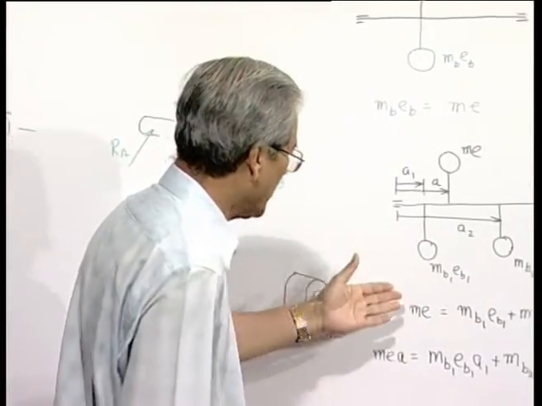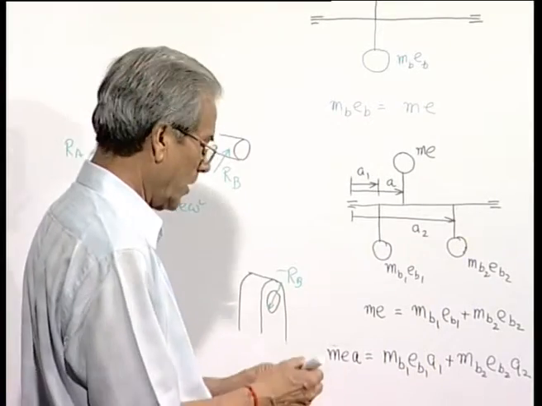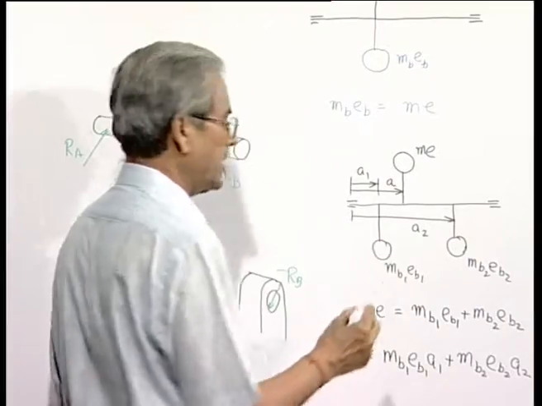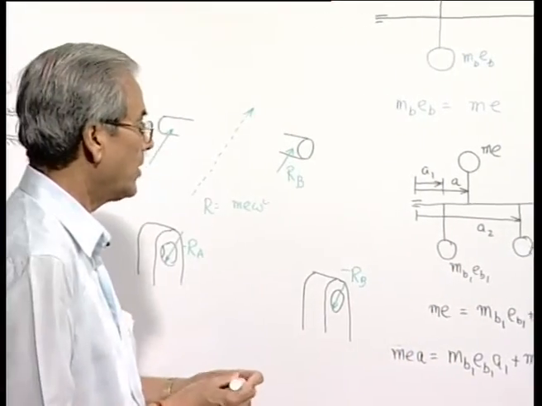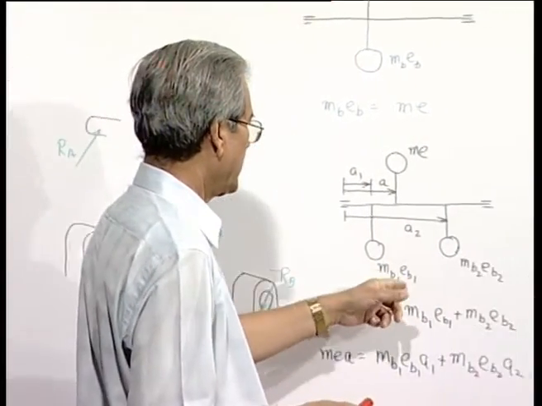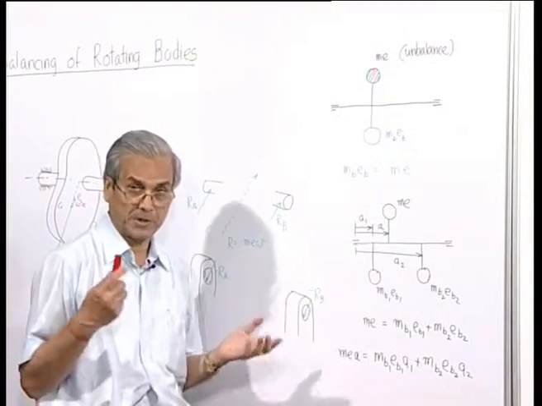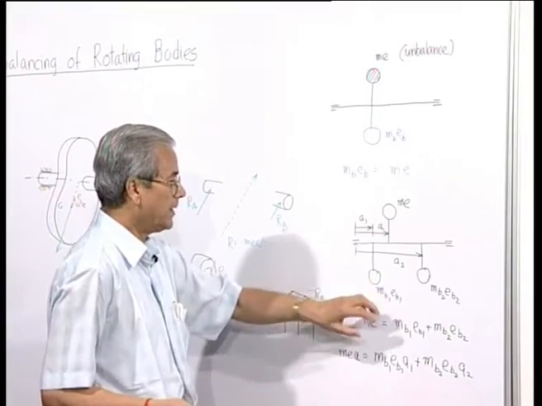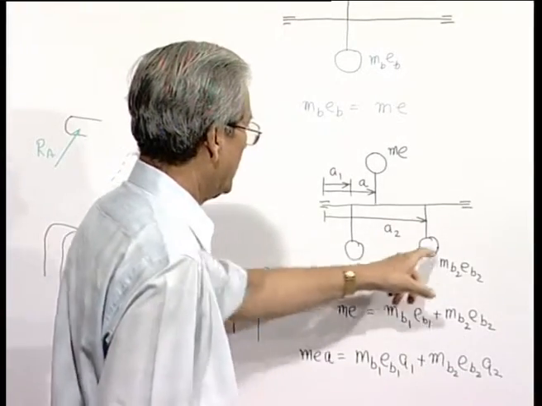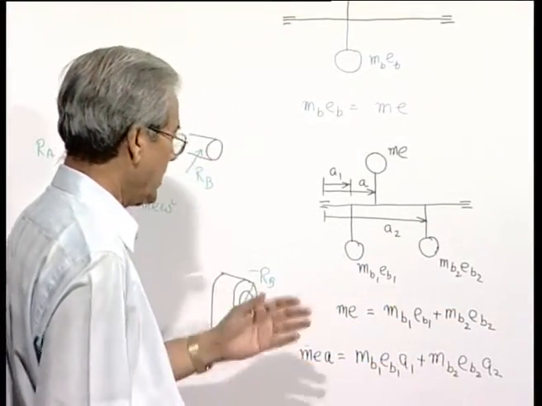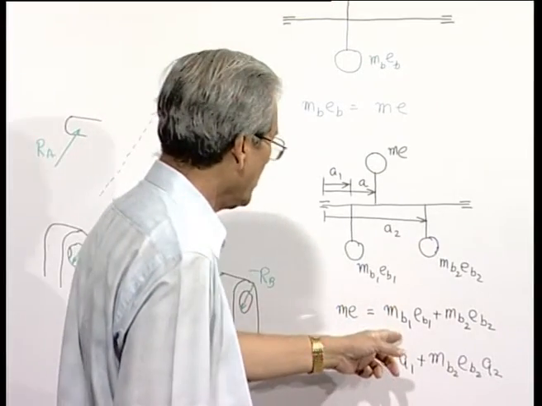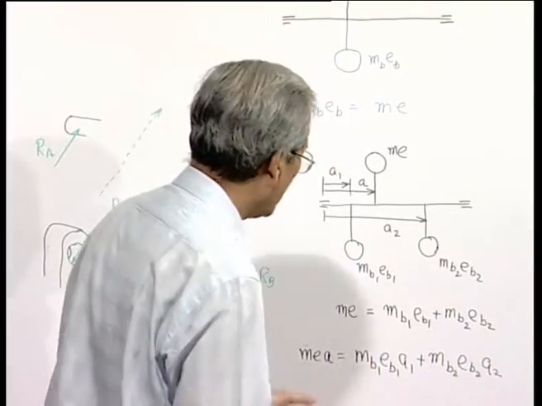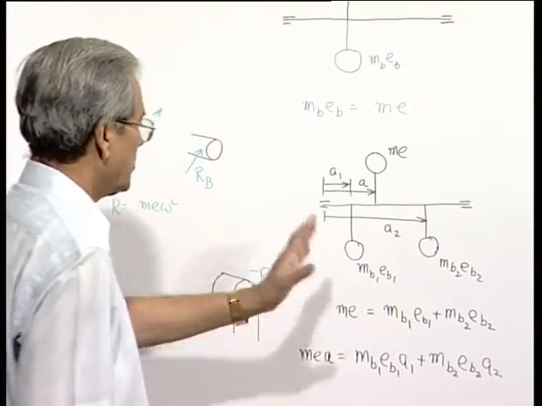So, we have two equations and two unknowns. As I have mentioned already, it is the product of the mass and the eccentricity which is dictating. We cannot individually find mass and eccentricity unless other conditions are prescribed from the design point of view. But we can definitely find these two unbalances satisfying these two equations. The two unknowns m_b1 E_b1 and m_b2 E_b2 can be determined from these two equations.